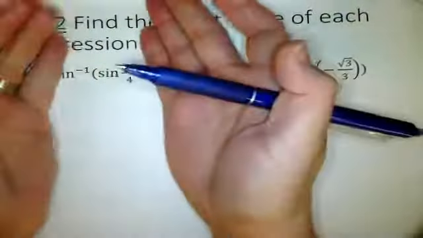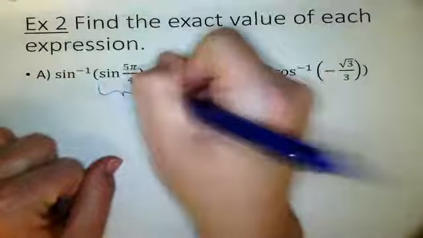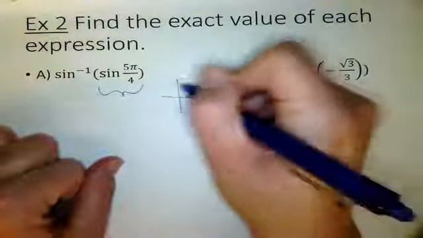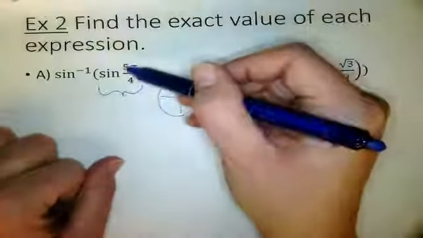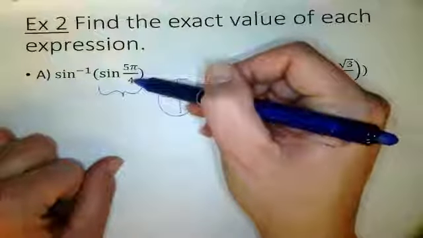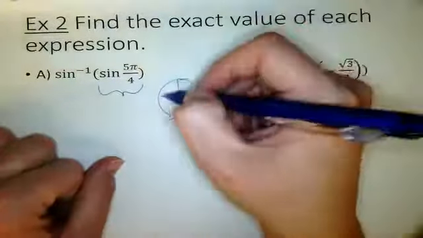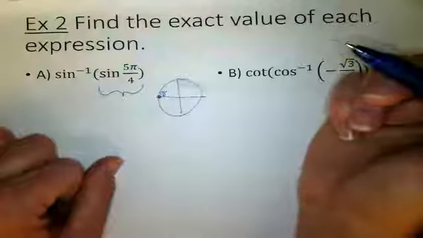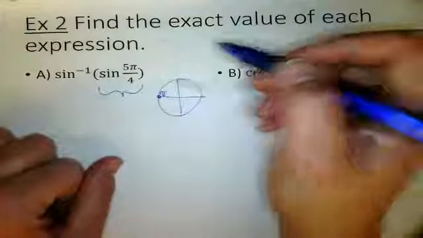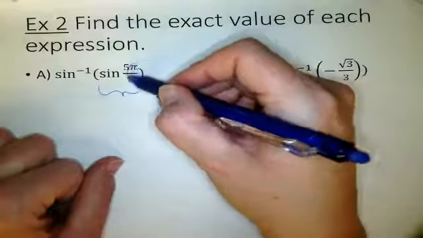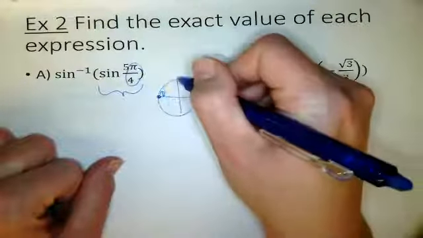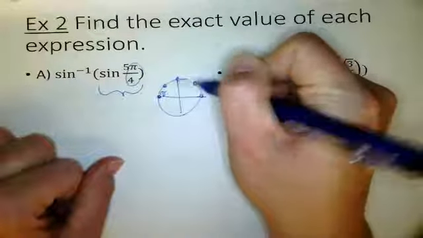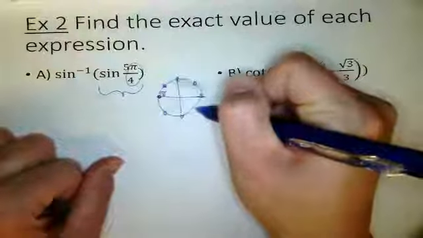So I'm going to start inside here, thinking about my unit circle. 5π/4 is taking pi and dividing it into pi divided by 4. And whatever I do to the top, I do to the bottom.